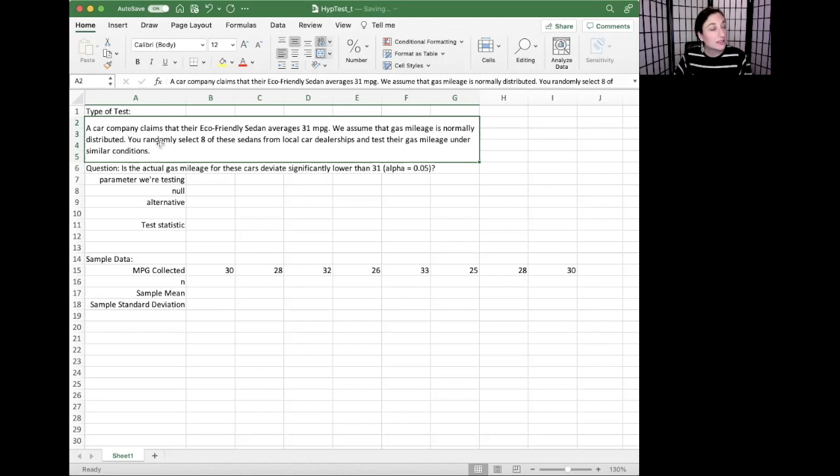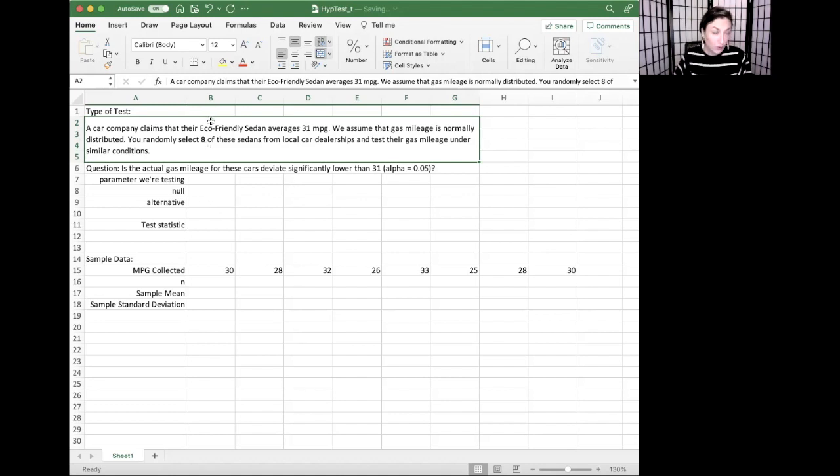You randomly select 8 of these sedans from a local car dealership and test their gas mileage under similar conditions, right? So what do we know? We know that we are interested in the miles per gallon that this eco-friendly sedan gets. We assume that gas mileage is normally distributed and our sample size is small, right? 8 is small.